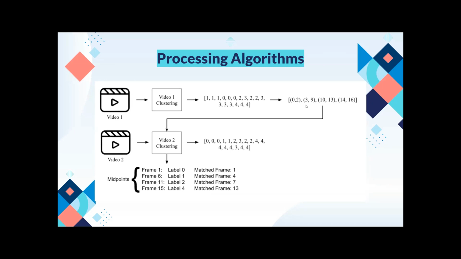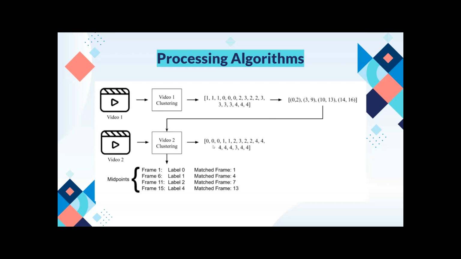After these intervals are created, we take the midpoints of all of these intervals. We take the middle of each frame interval and compare it to the second video. Comparing it to the second video allows us to see which frames from the first video are similar to the second video. For example, label 1 from video 1 might match with label 0 of video 2.